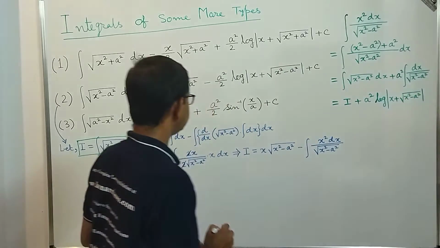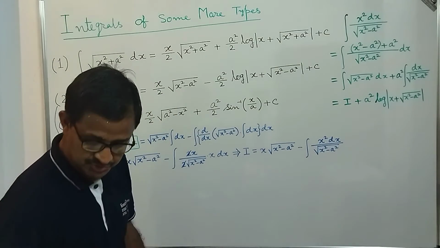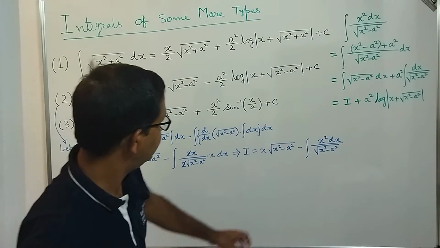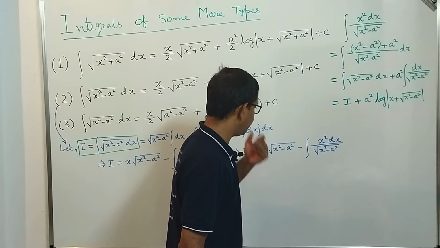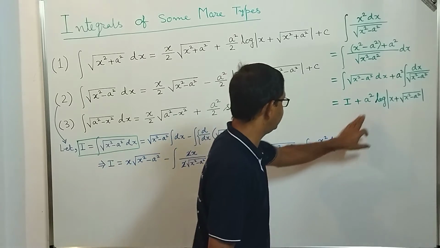Correct? Now dear students, we should apply this value of this integration, that is x square dx by square root of x square minus a square, as this one.